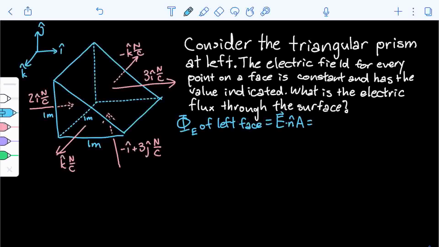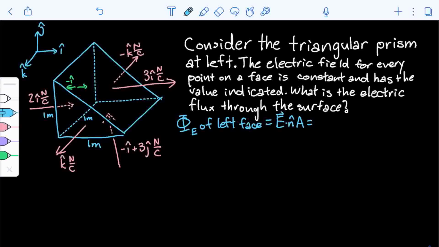N hat: we actually have a bit of a decision here, because there are two unit normal vectors that are perpendicular to this surface. There's one that goes into the triangular prism and one that goes out of it. The convention is to take the unit normal vector that goes out of the triangular prism. So in that case, that's negative i hat.